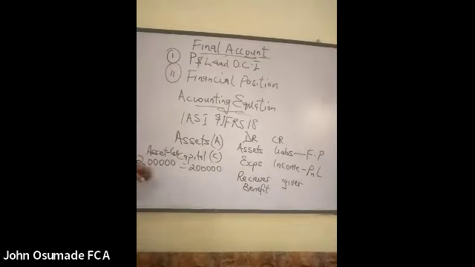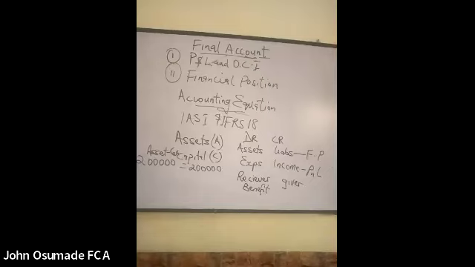if you now buy inventory. When you buy inventory, what happens? Let's say you buy inventory of 50,000. What it means is that you have used part of this money to buy inventory, 50,000, or you did not pay.